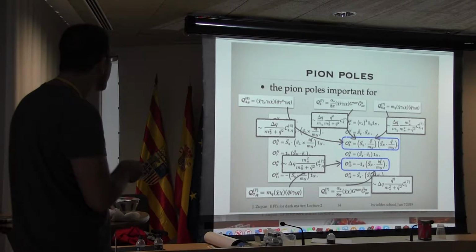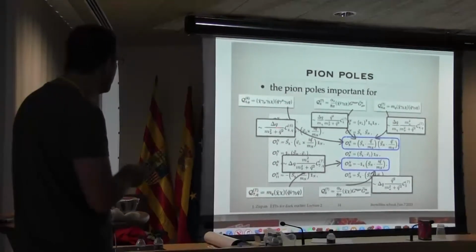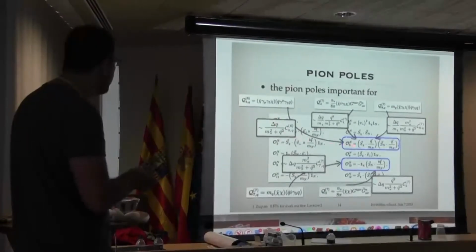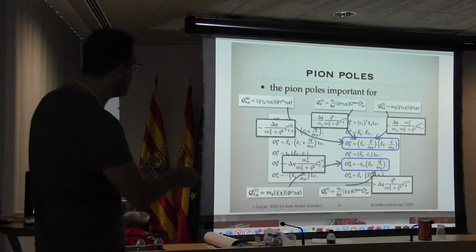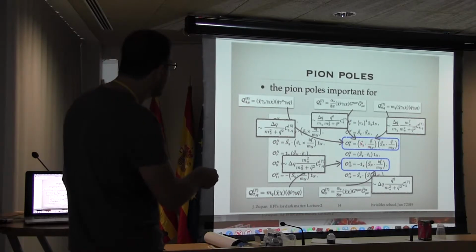For instance, if I take the axial times axial current, you'll have a contribution which is a pion pole, which multiplies this operator. So this operator, I read it off now: it's the spin of dark matter times the momentum exchange, and spin of the nucleon times the momentum exchange.